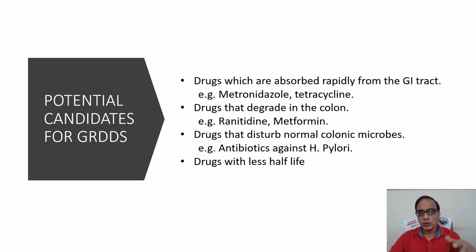Some other examples include drugs which are absorbed rapidly from the GIT, for example, metronidazole, tetracycline. Drugs that degrade in the colon, ranitidine, metformin. Drugs that disturb normal colonic microbes like antibiotics against H. pylori. Drugs with a short half-life. These are the potential candidates for GRDDS.